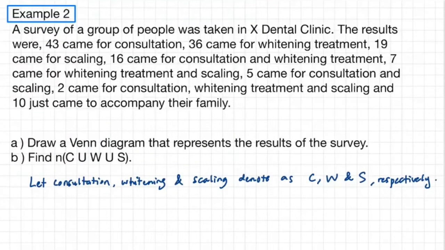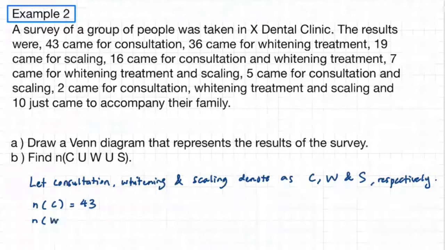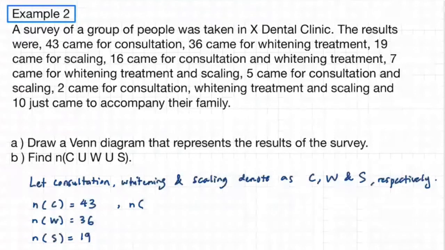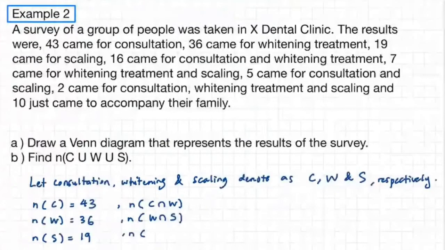So you know that the number of elements of C is equal to 43, the number of elements of W is equal to 36, and the number of elements of S is equal to 19. And then the number of elements of C intersection W, W intersection S, and then we have C intersection S.